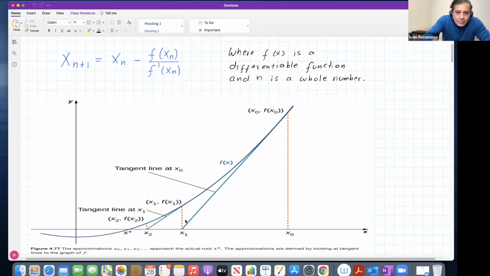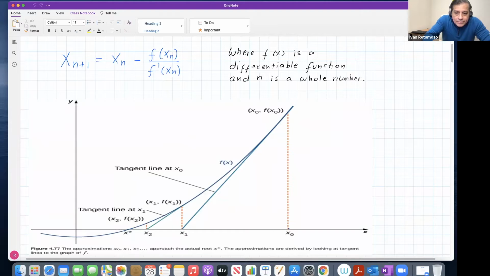You can see that happens here at x1. But now notice, x1 compared to x0 is a better approximation for the actual 0 of f of x, which is this x star, because it's closer now.